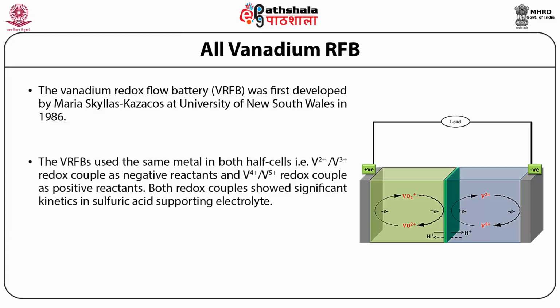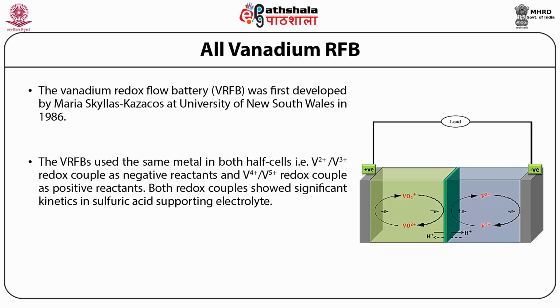The VRFBs use the same metal in both half cells, that is V2+/V3+ redox couple as negative reactants and V4+/V5+ redox couple as positive reactants.